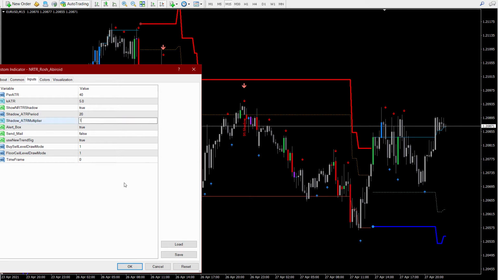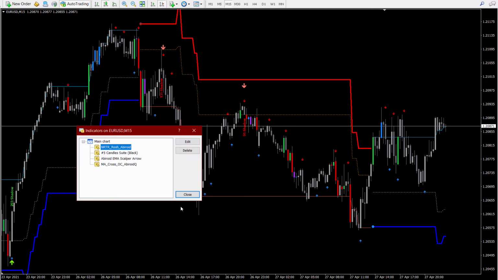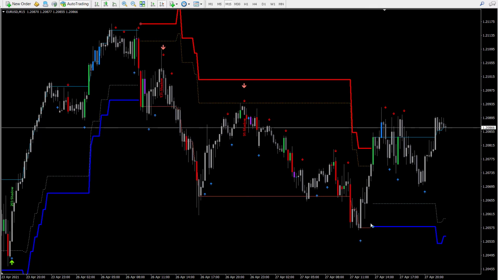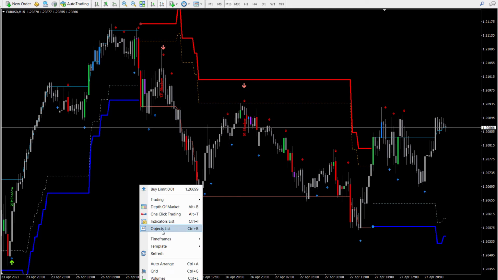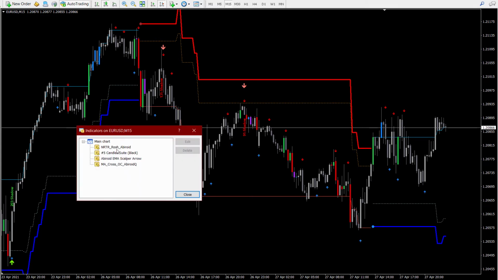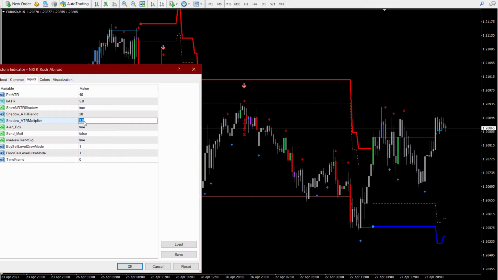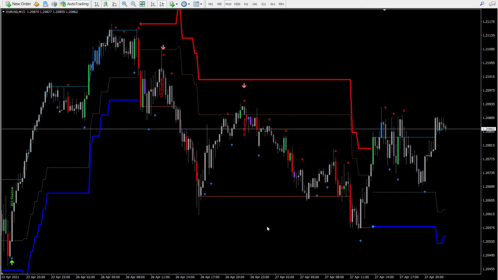Suppose I have it at 1, then it will be a lot closer to the SR lines, and if I have it at 1.5, it will be slightly farther. By default we have 1.5 set because 1 gives very few signals.